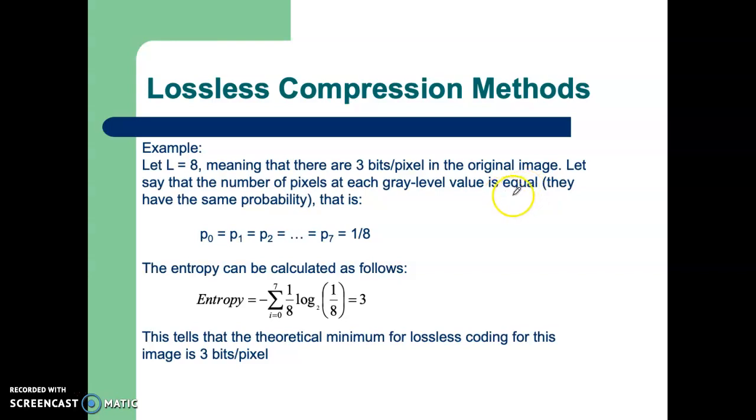To calculate the entropy, it is negative summation of i equal to 0 to L minus 1, which is 7. Since the probability for each pixel gray level is the same, it is 1 over 8 times log2 of 1 over 8. So you will get 3. This tells the theoretical minimum for lossless coding for this image is 3 bits.